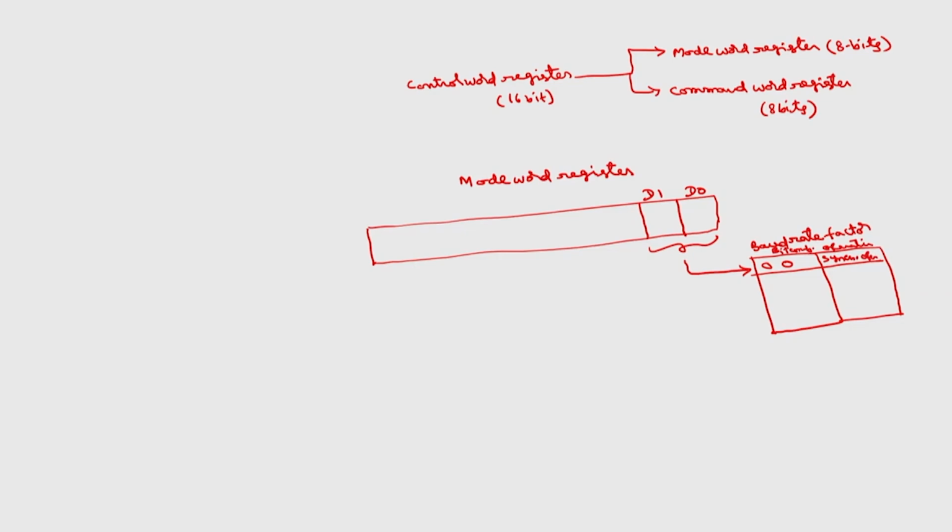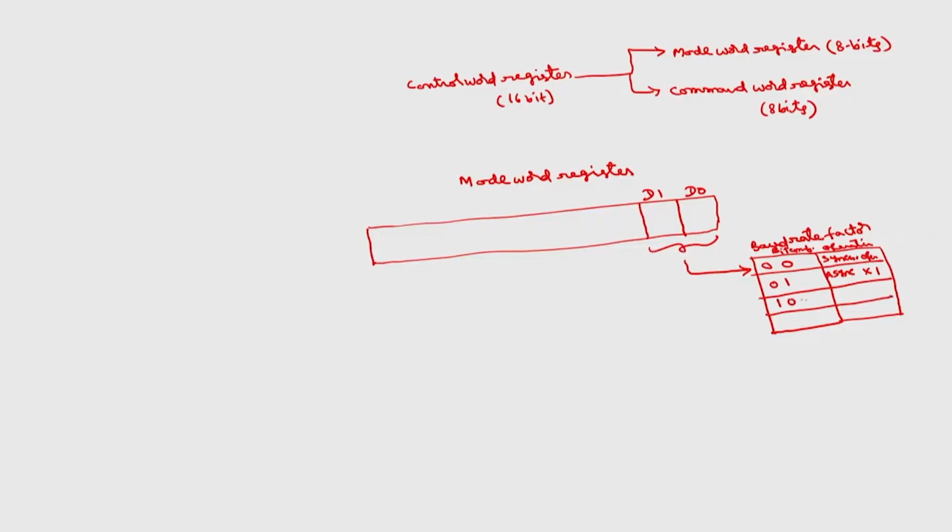So if this is 0 0, this is synchronous operation. If this is 0 1, then this is asynchronous operation, async, and the baud rate factor is 1. Whatever baud rate we have set, that will be multiplied by 1, meaning it is taken as it is. I will explain what is meant by this baud rate factor 1, 16 and all.